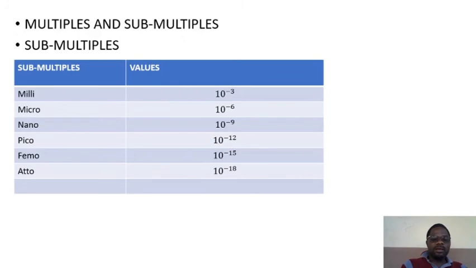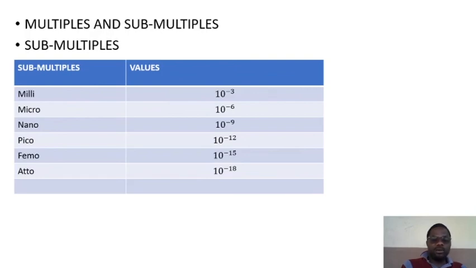So here, in the submultiples, we have milli. Milli is 10 raised to the power minus 3, which is the same thing as 1 over 1000. Micro is 10 raised to the power minus 6, which is 1 over 1 million. The nano 10 raised to power minus 9, which is 1 over 1 billion.